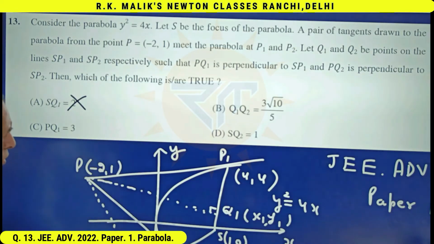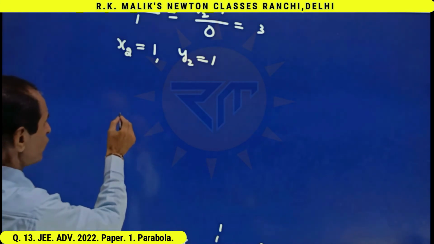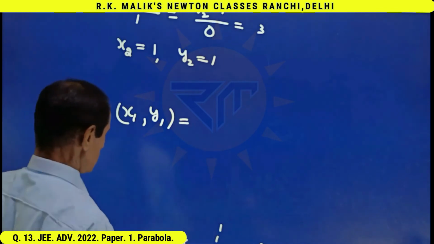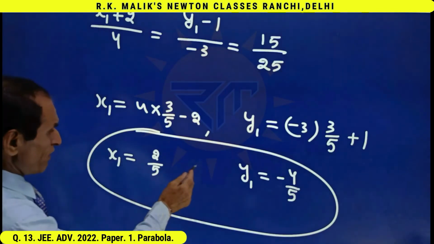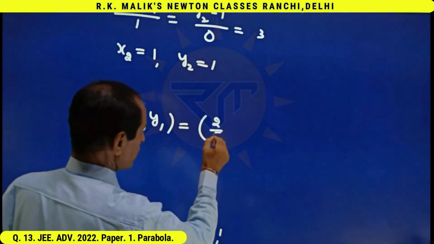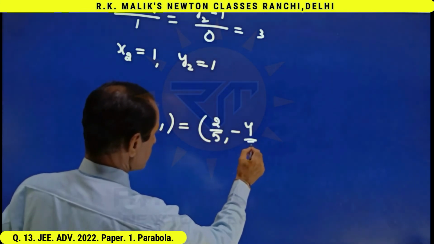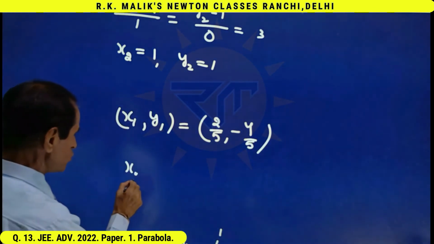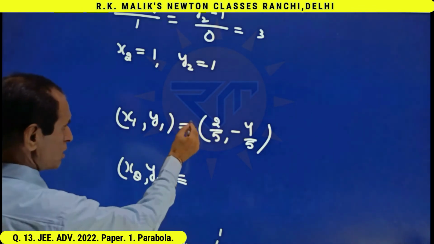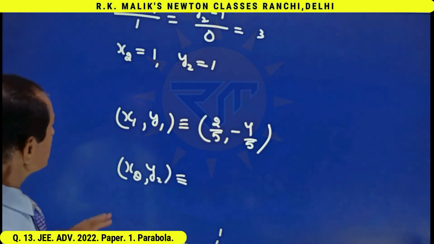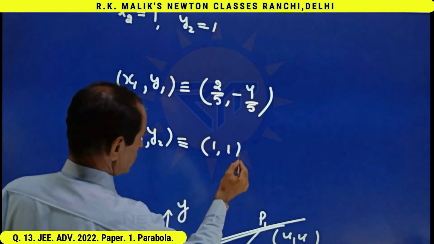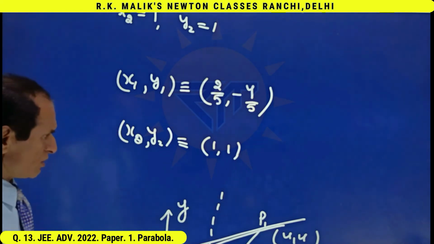Now I find Q1Q2. As Q1 I had found was (2/5, -4/5), and (x2, y2) I found were (1, 1).